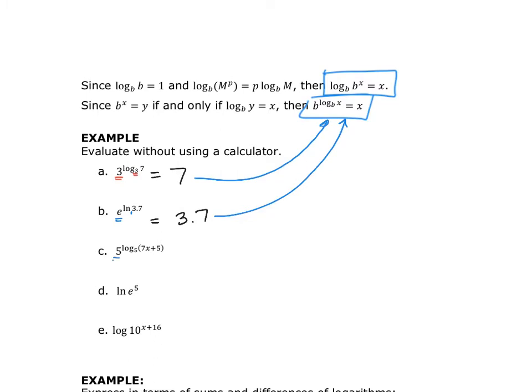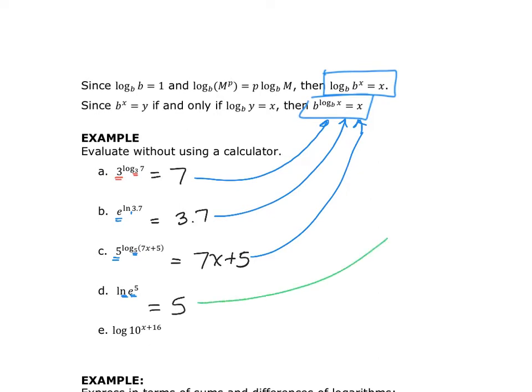I have base 5 raised to the log base 5. So this is just going to equal 7x plus 5 for this reason. I have base e of e. So I know this is just going to equal 5.